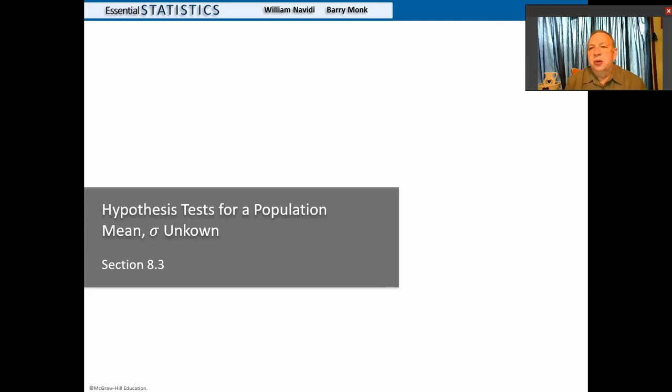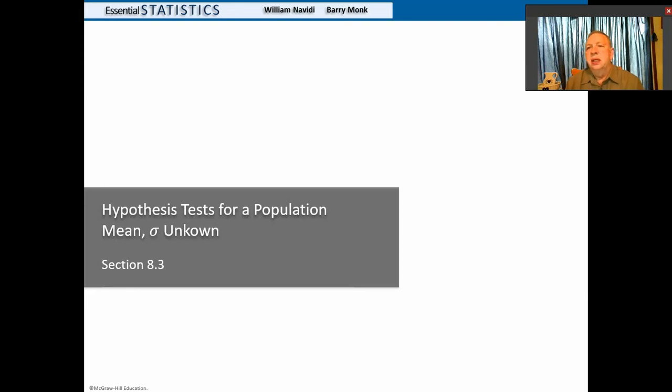So we're going to continue on from our previous lecture. The topic is hypothesis testing from chapter 8. Last time we started developing hypothesis tests, and we were testing claims about the population mean. At that time, I emphasized that we knew what sigma was.